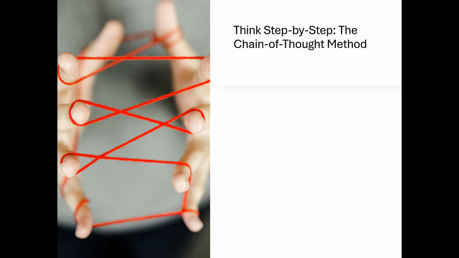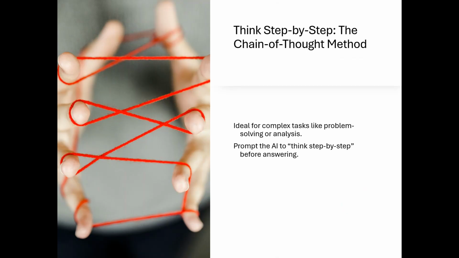You can also approach it in a step-by-step approach, and this is called the chain of thought method. This is ideal for complex tasks like problem solving or problem analysis, and you prompt the AI to think step by step before giving you the final answer.